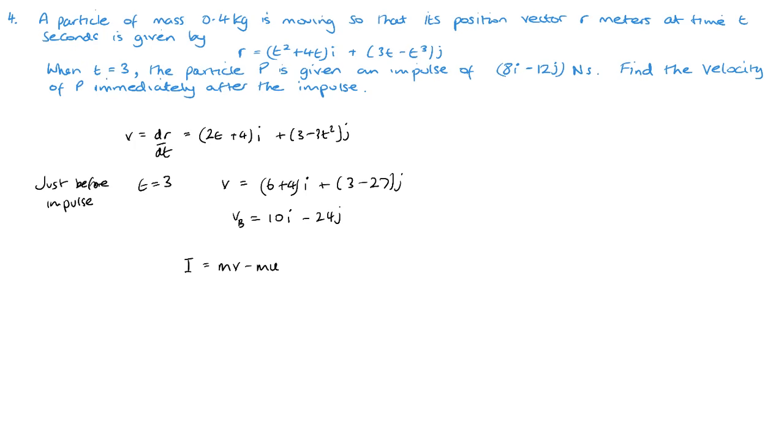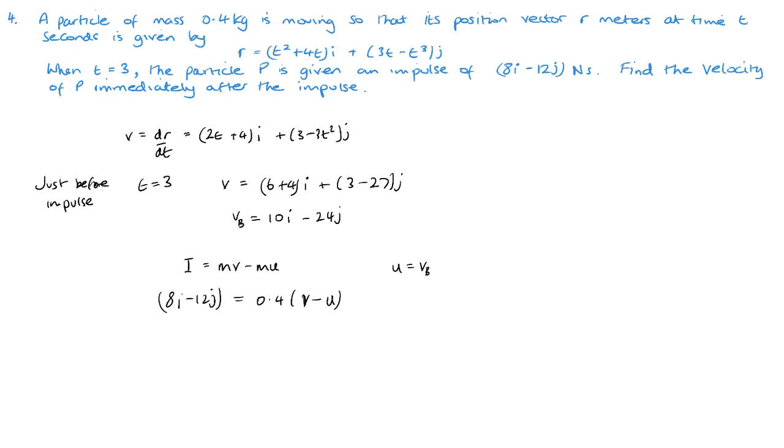Now, I know the impulse, that is 8i minus 12j. And if I factorize out the mass, which is 0.4, then I have my velocity, which I'm trying to find immediately afterwards, and then my initial velocity. So my initial velocity is equal to that vb, velocity before.